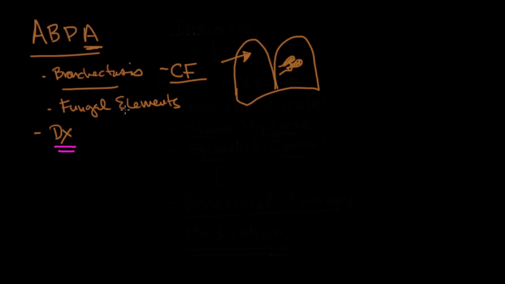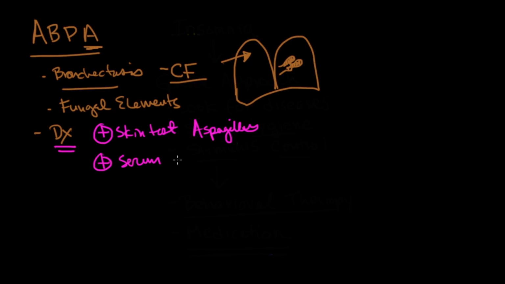So the first thing you're going to see is a skin test that's positive for Aspergillus. The rest of the three are all serum blood tests. So the next thing you're going to see is a positive serum precipitins to Aspergillus.